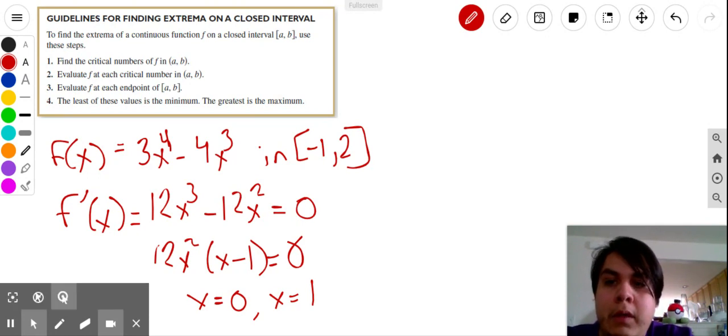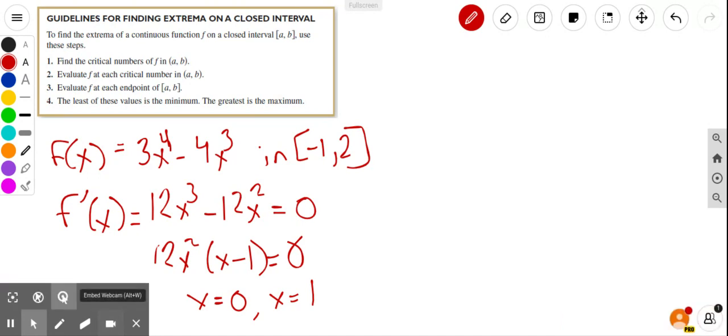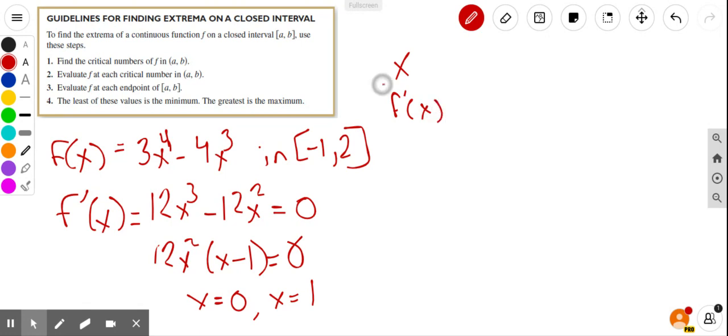All right. So I need to evaluate f at each of the critical numbers in a, b, and I need to evaluate f at each of the endpoints. So at this point, I would recommend you make yourself a little table. So x value, f prime of x. All right.